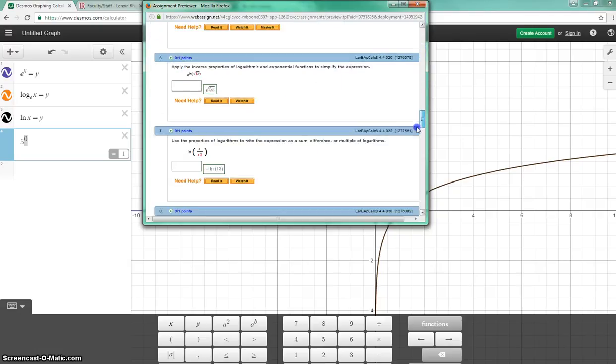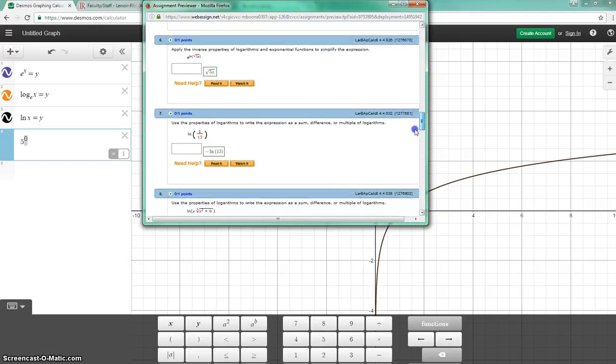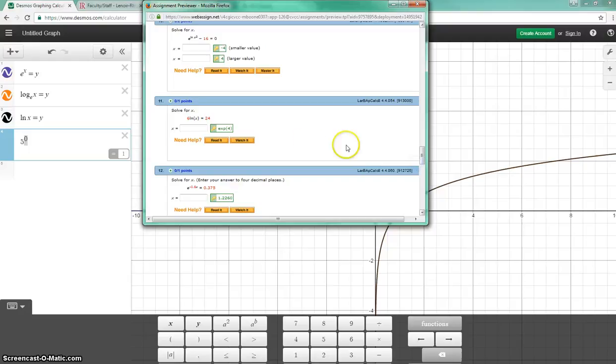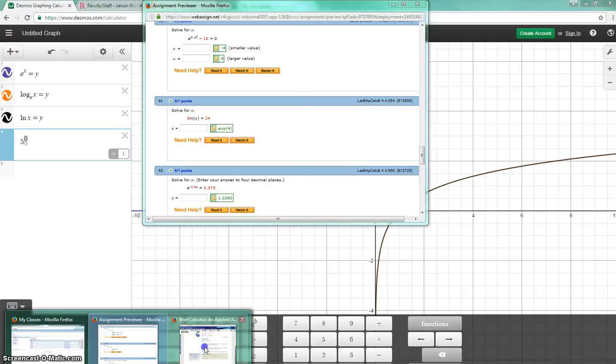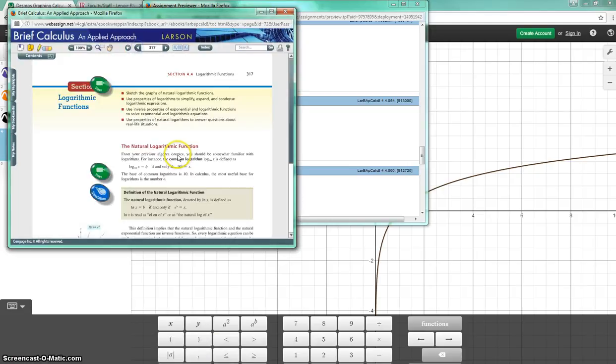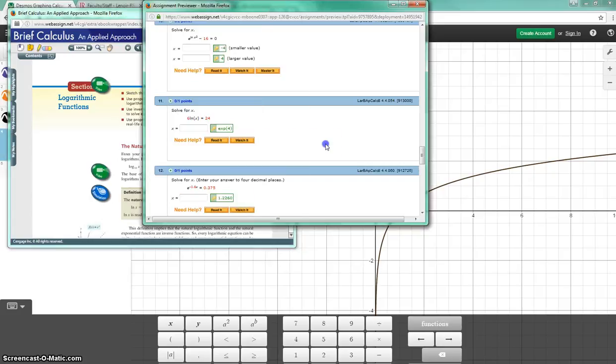So there's a couple word problems that I want to look at, and I'll probably do a supplement for these. So like on number 11, solving for this. We would all agree that we're probably just dividing both sides by 6, but when you have natural log of x equals 4, how do you get there? And again, that's going to be using the idea of going from a log to an exponential and how we go back and forth in between.